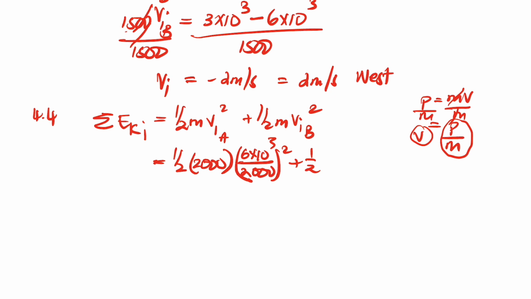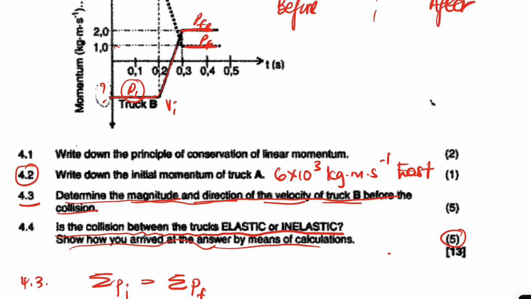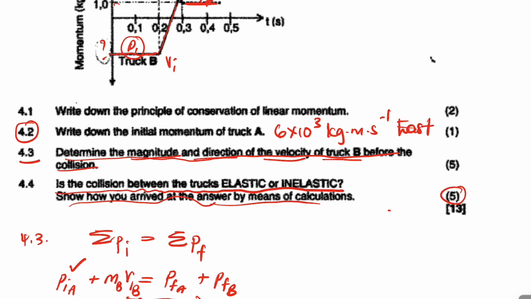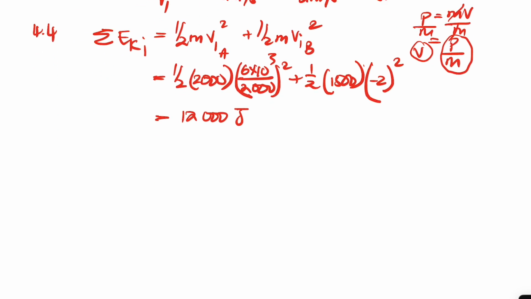And then half the mass of B, it's 1500, and then the velocity of B, which is the initial velocity of B, the one that we just calculated in 4.3, which is -2, squared, right? So if we punch that in the calculator, we'll have the answer that is 12,000 joules.